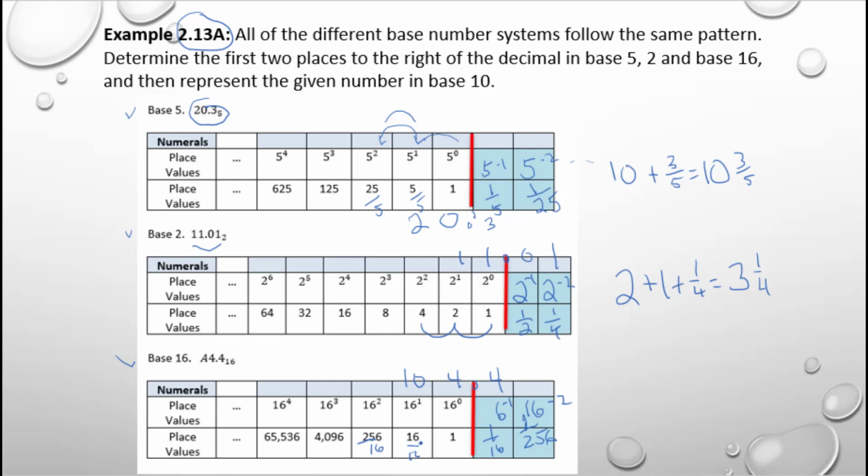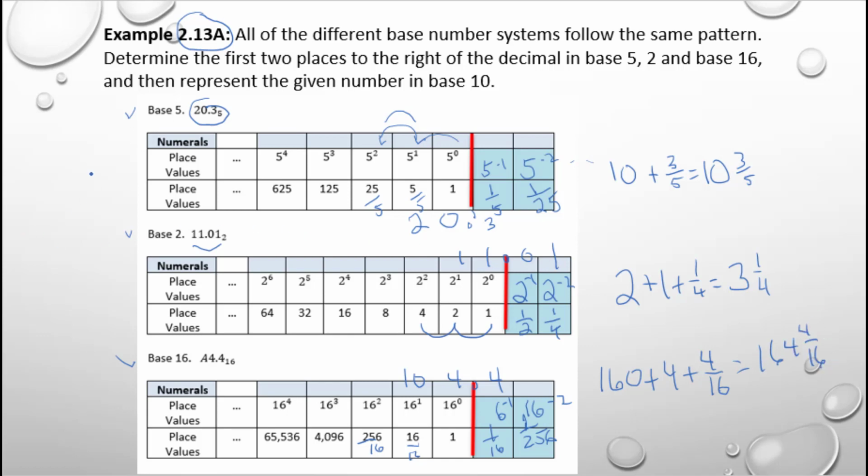So I got 10 sixteens, which is 160, plus I've got 4 ones, which is 4, plus I have 4/16, 4 of these. So this is 164 and 4/16.